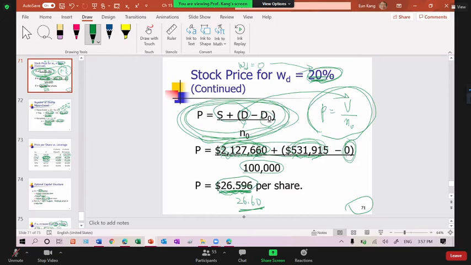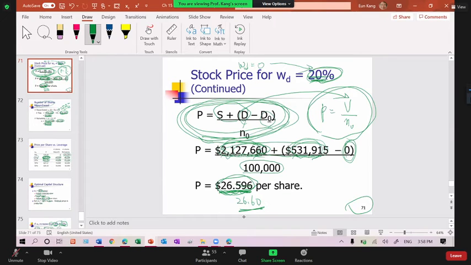Because, as I said, price reflects new information. So when new information hits the market, the new information is what? They're going to recapitalize, then price will adjust to this one immediately, and it will stay the same.